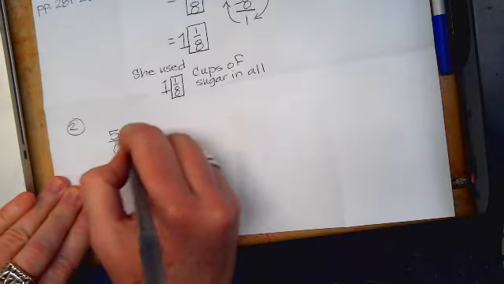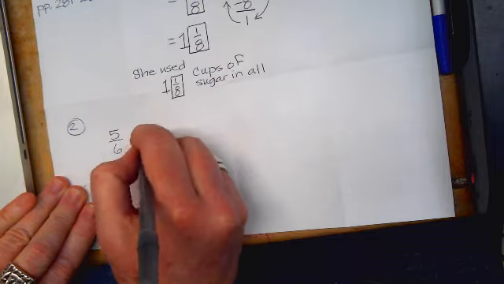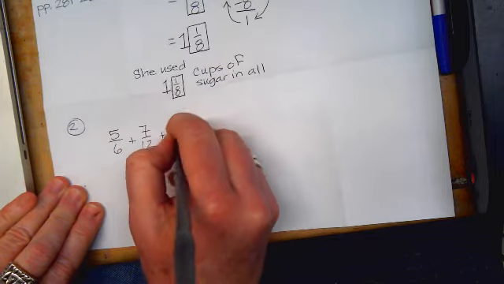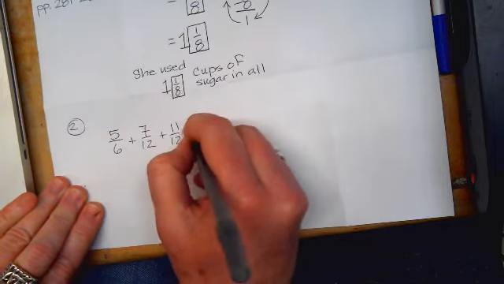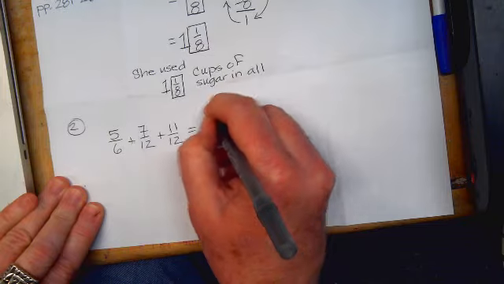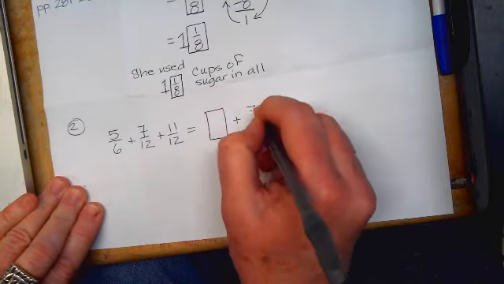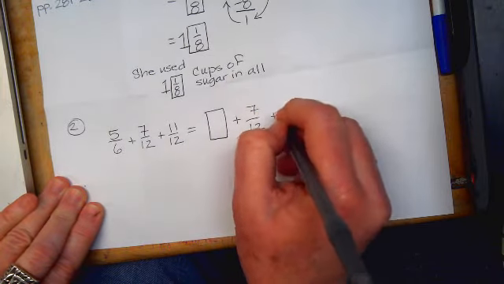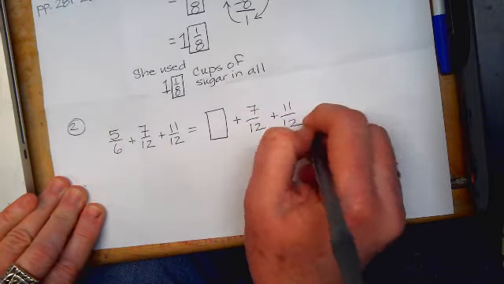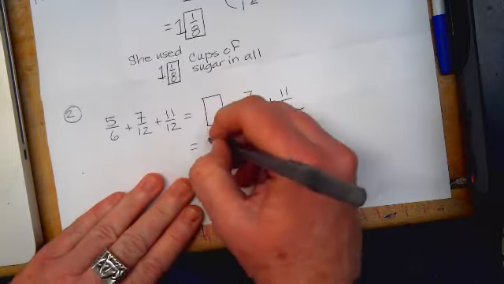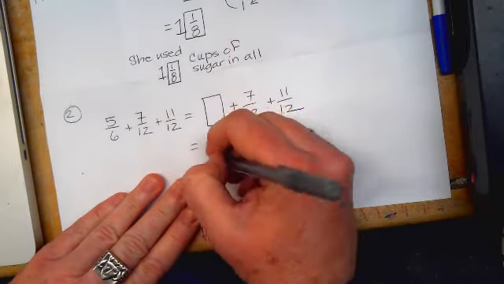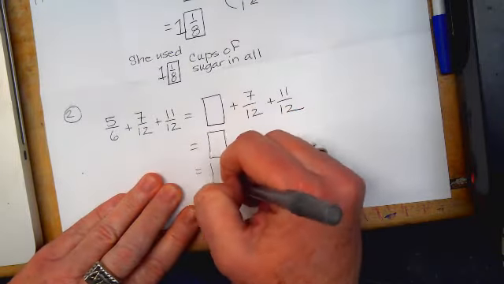So we have 5/6 plus 7/12 plus 11/12. And that's going to be the same thing as green box plus 7/12 plus 11/12. And then I'm just putting in the rest of my green boxes.